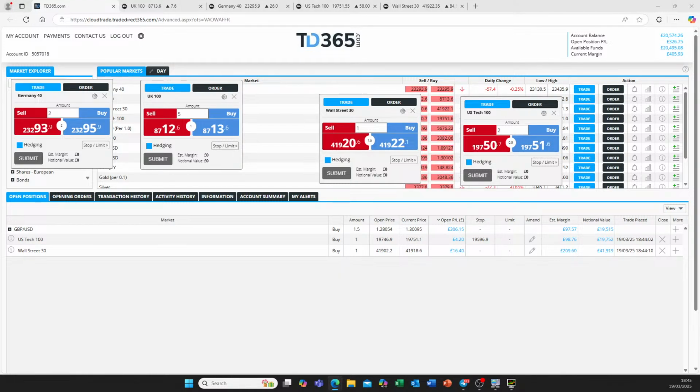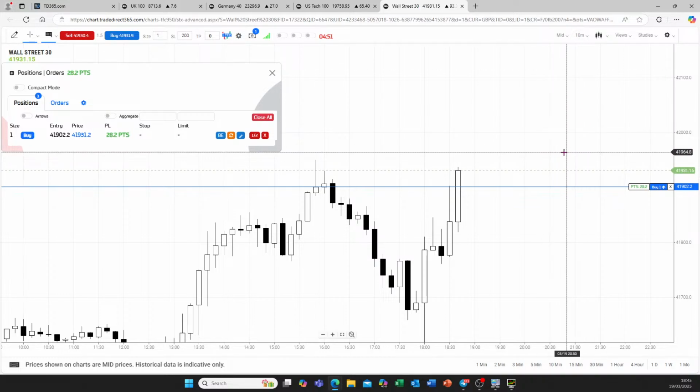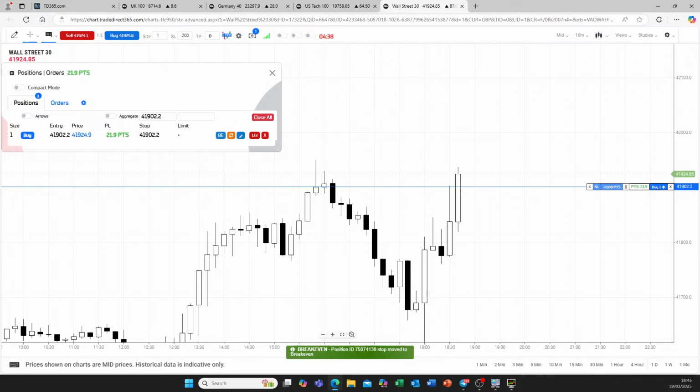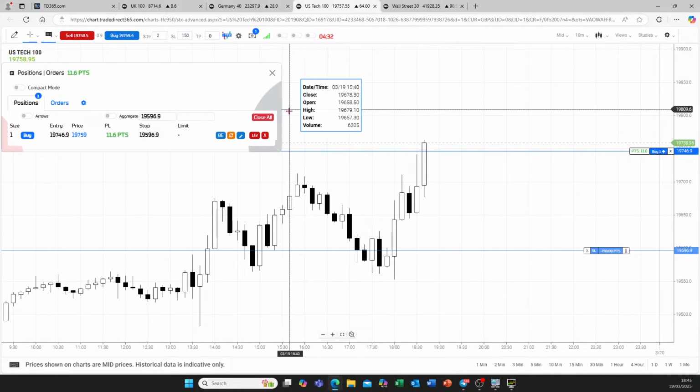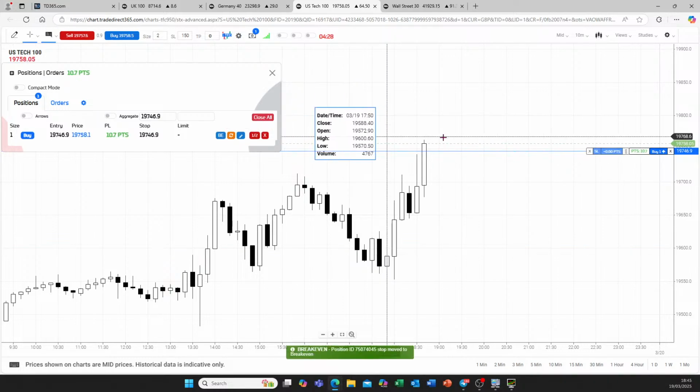So this rule is called the rule of 4 because it works on the 10-minute chart. I promised myself I wouldn't be here for that long, so I'm moving a stop loss to break even. And in the Dow and in the Nasdaq, I can move my stop loss to break even as well.